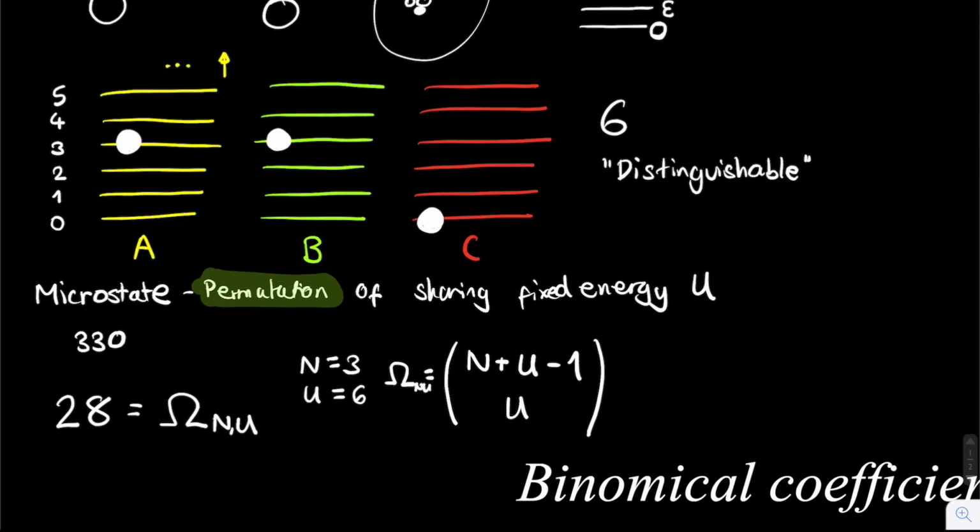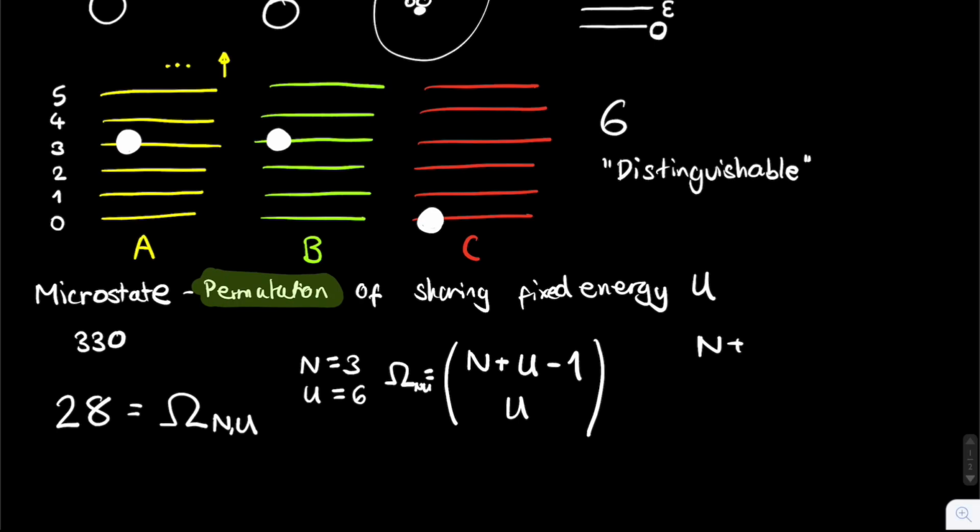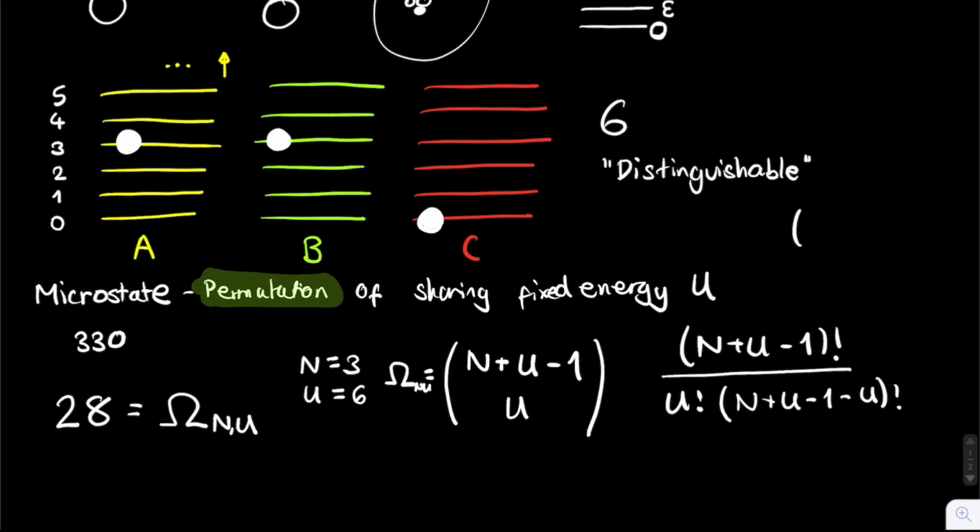It basically means N plus U minus 1 all factorial over U factorial multiplied by N plus U minus 1 minus U factorial. So you remember 6 choose 2 is equal to 6 factorial over 2 factorial times 6 minus 2, which is just 4 factorial, and that's the binomial coefficient. It's often called nCr right there.